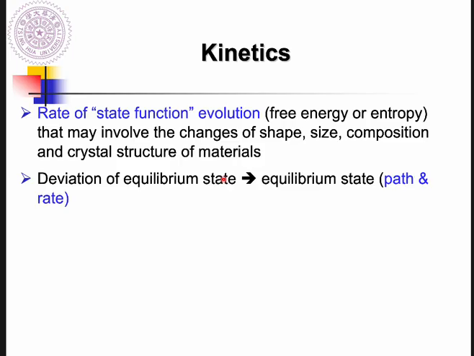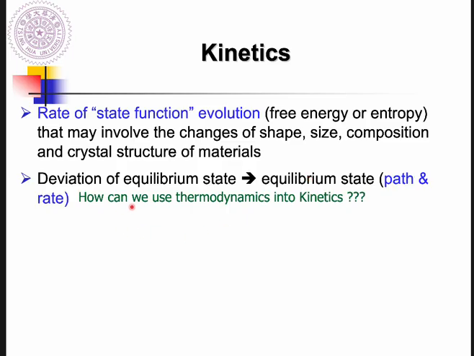Then it moves to the other equilibrium state, and the corresponding path and rate is the process. This process we call the kinetics process. So, yes, we already defined the kinetics process: a deviated equilibrium state moves to an equilibrium state.